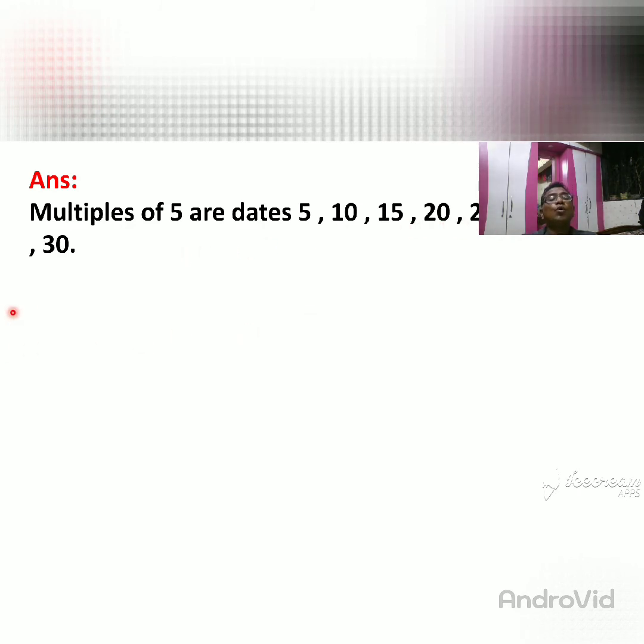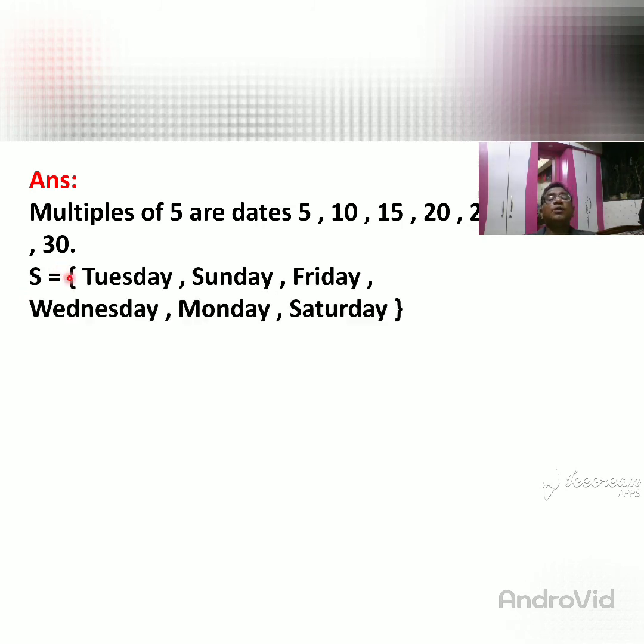So whatever days we want to write, I am writing the date 5 having the day Tuesday, 10 having the day Sunday, 15 having the day Friday, 20 having the day Wednesday, 25 having the day Monday, 30 having the day Saturday. In such a way, number of S is equal to 6. Do you understand this problem?